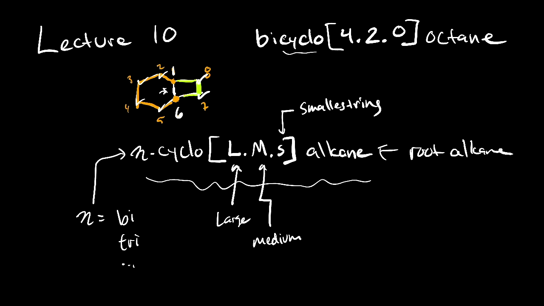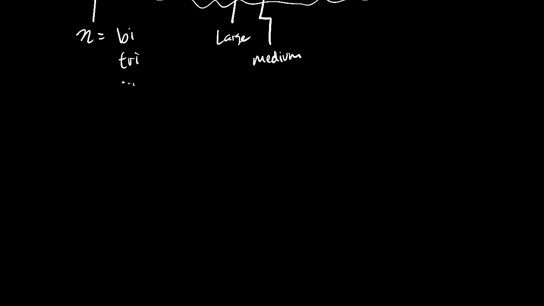Now, we can get a little bit more complicated. If we draw something with a 2-carbon bridge, like this, we see our connecting carbons here and here, and then there is this carbon right in the middle.